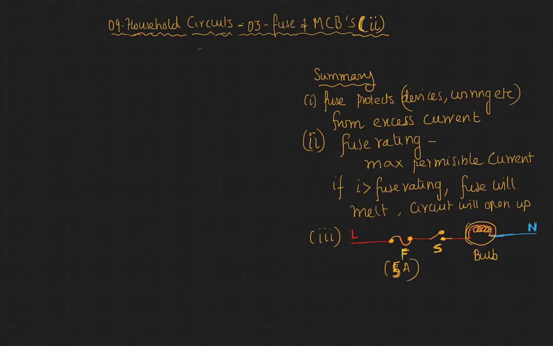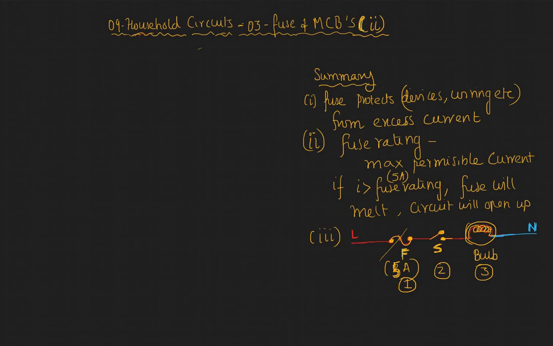If your current is greater than 5 amperes, for example, which is the fuse rating, the fuse will melt, and the circuit will open up. And the third thing is always your fuse is the first thing that you connect in the live, and then the switch, and then third the device, and then the other end of the device is usually the neutral.